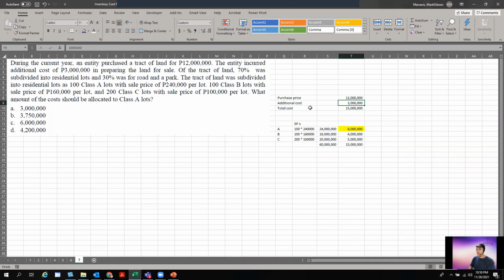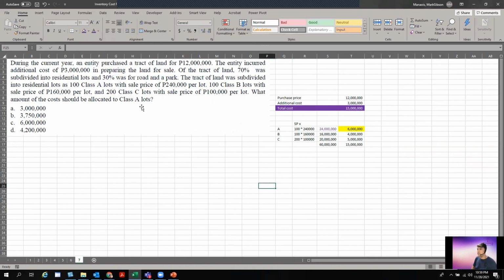Additional cost of 3 million, so we have a total cost of 15 million. So meaning this is what we need to allocate between Class A lots, Class B, and Class C. So magkano ba yung selling price muna? So meron tayong Class A, 240,000 multiplied by 100 lots. So that's 24 million.